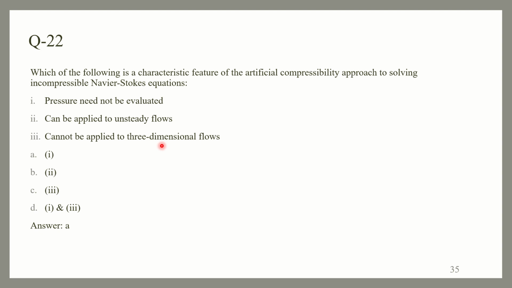So the answer is option 1, that is pressure need not be evaluated, even though it is an incompressible method, because we are using the artificial compressibility approach. Thereby, we are introducing a pseudo compressibility factor, and then doing the calculations. So we can get the pressure from the equation of state. Otherwise, we need to solve directly the incompressible Navier-Stokes equations. So the first statement is the right statement.